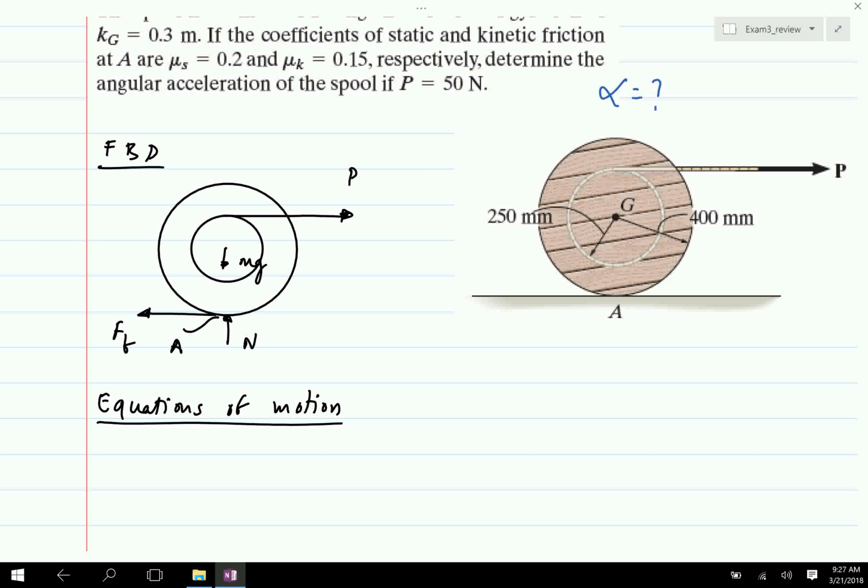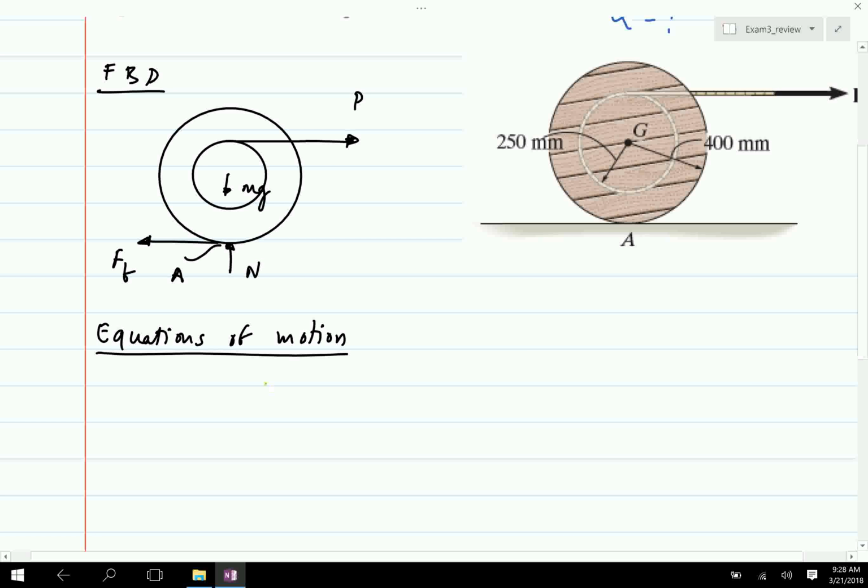Okay, rigid body problem, so you're going to set F equals ma in the x and y directions, and a moment equation about any point you like. So let's write F equals ma. In the x direction, the net force is P minus Ff equals mass times acceleration in the x direction.